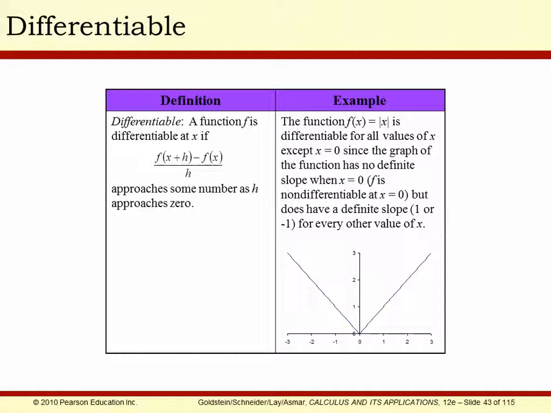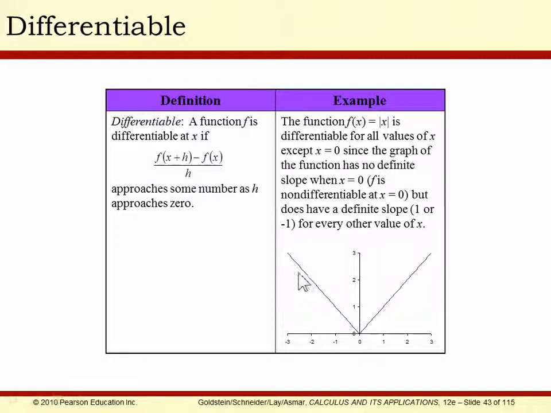The example we're going to use is the absolute value curve. The problem with the absolute value curve is it's not differentiable at 0 because on the right-hand side you have a straight line. Everywhere on this straight line the slope is 1. On the left-hand side of the 0 you have another straight line.